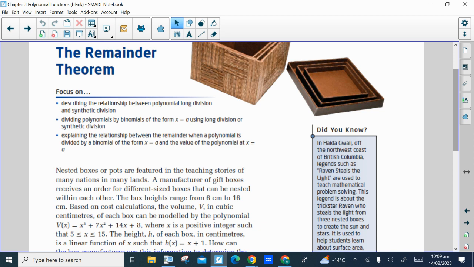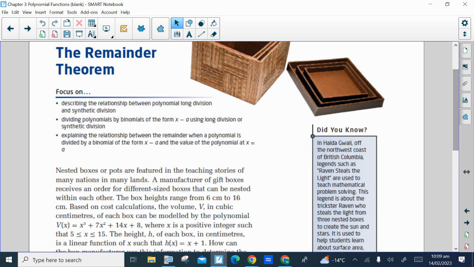So we're going to describe the relationship between polynomial long division and something known as synthetic division. So you haven't seen long division in quite some time, so we'll review it. You can use long division to divide numbers. You can also use long division to divide polynomials. And then we're going to go from long division to something known as synthetic division, which is a quicker, easier way of dividing a polynomial by a binomial.